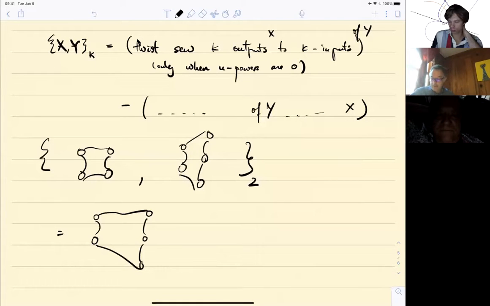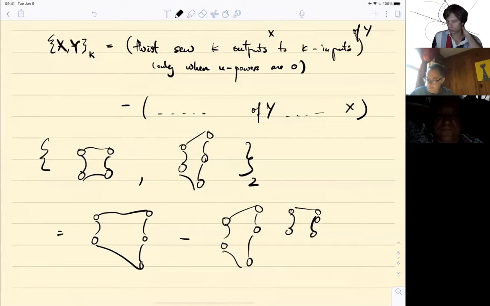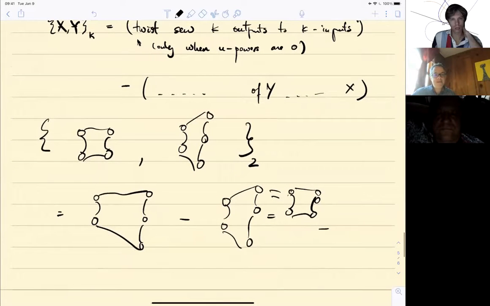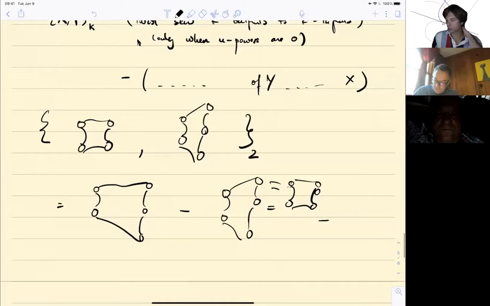And then minus all the ways in which I can sew something like this, or I could sew the 2 other outputs to the 2 inputs and so on. All right. And notice that here I've created an extra genus operation, because when I sewed these 2 to these 2, that has introduced an extra genus.